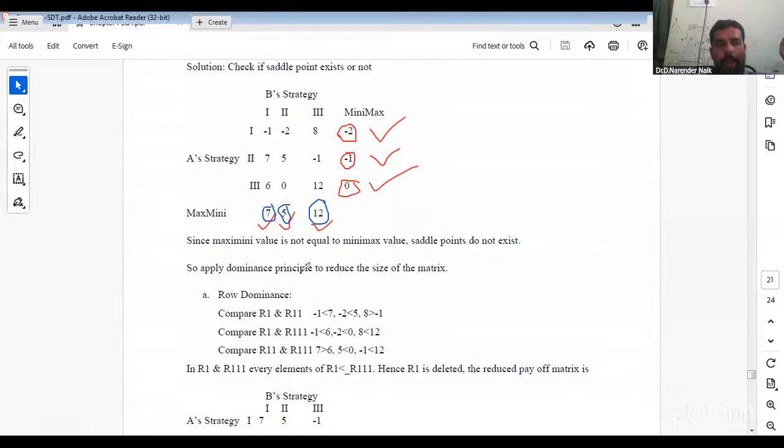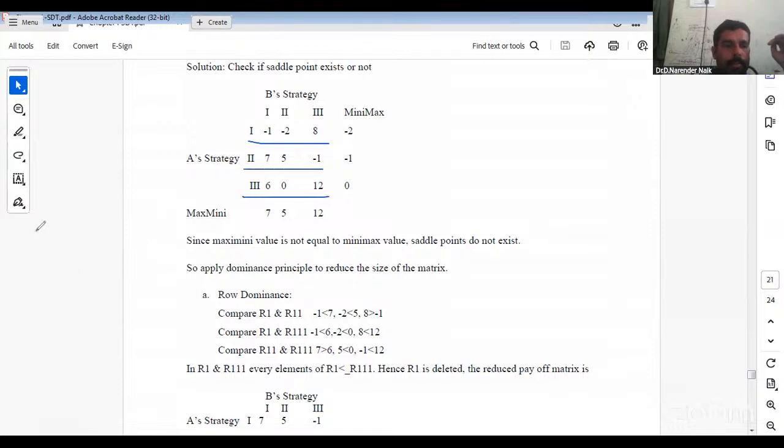So apply the dominance principle to reduce the size of the matrix, starting with row dominance. Compare R1 and R2. This is row 1, row 2, and row 3, and column 1, column 2, column 3.